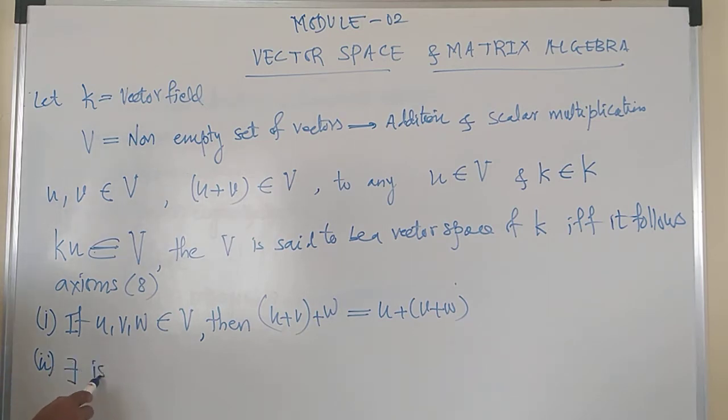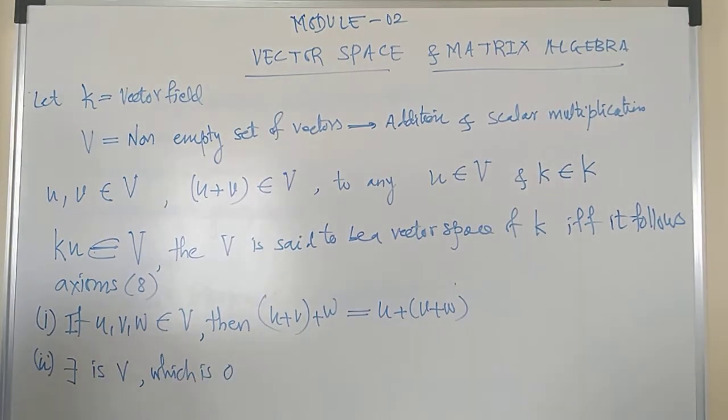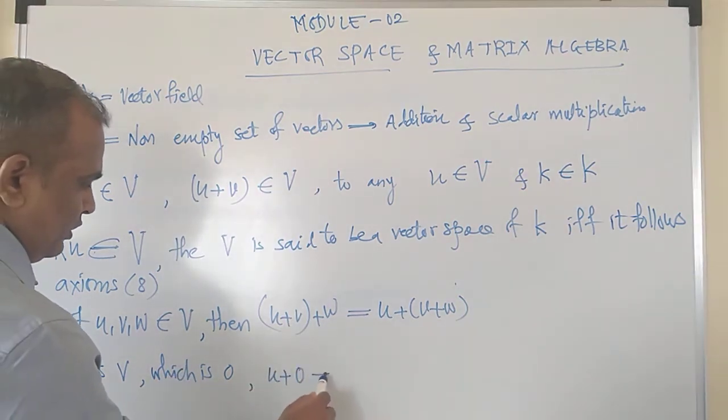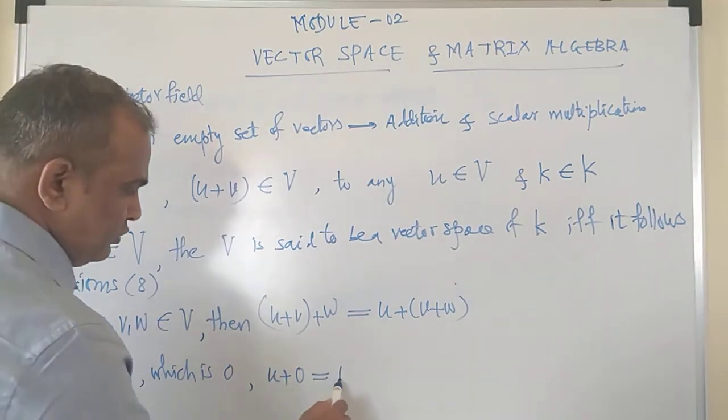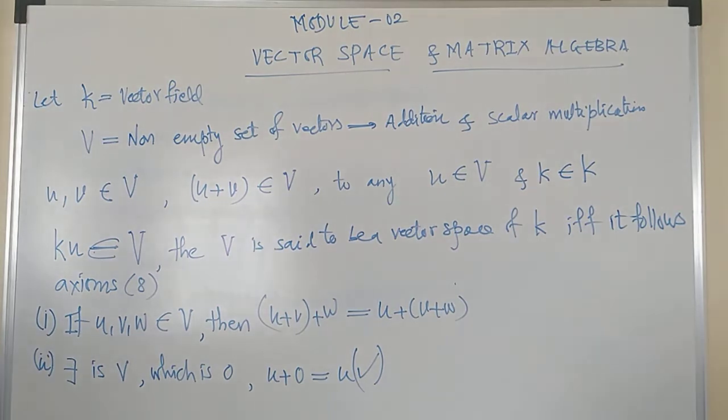If there is a vector 0, then u plus 0 is equal to u. If this is followed, this is the second axiom, then the given set of vectors is called a vector space.